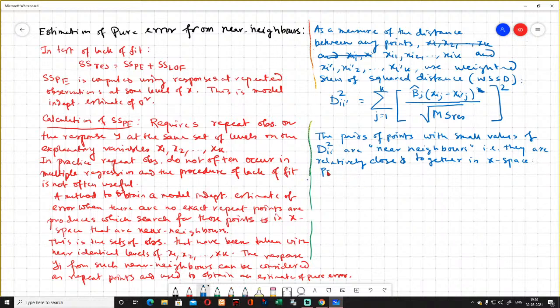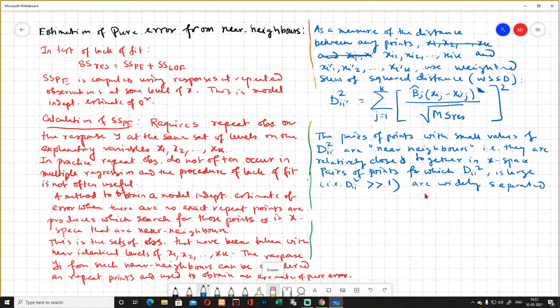Pairs of points for which Dii dash squared is large, that is, Dii dash squared very much larger than 1, are widely separated in X space.